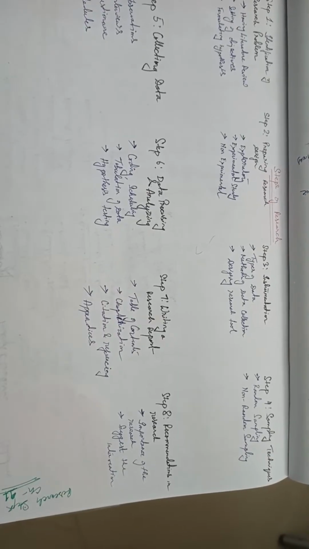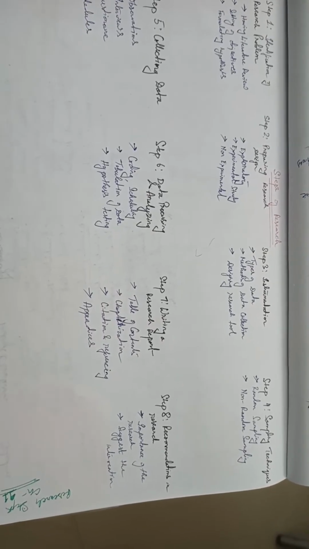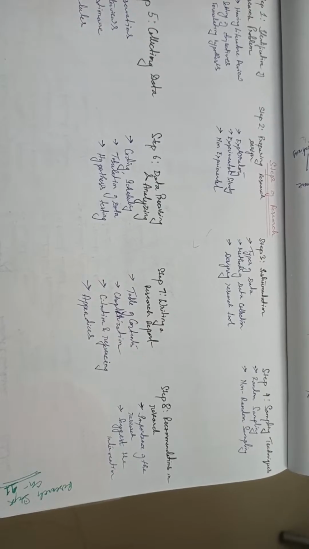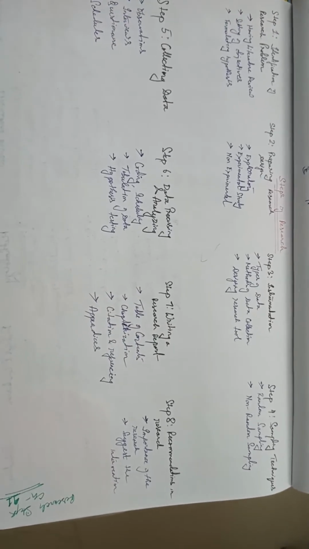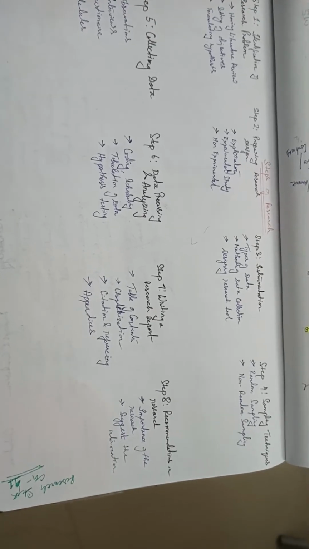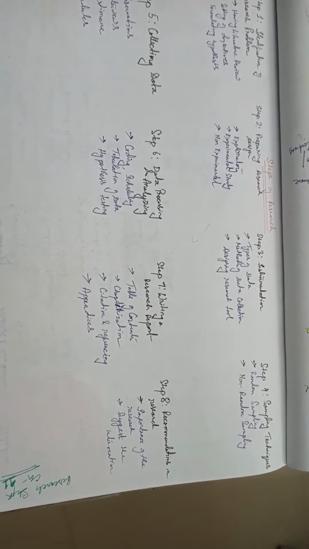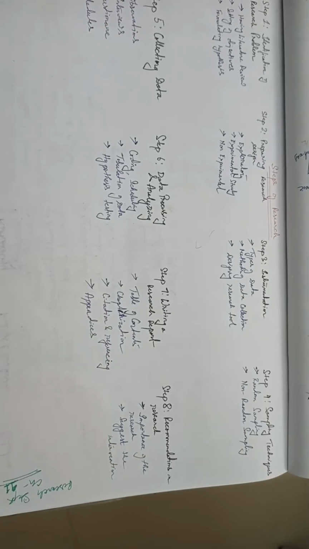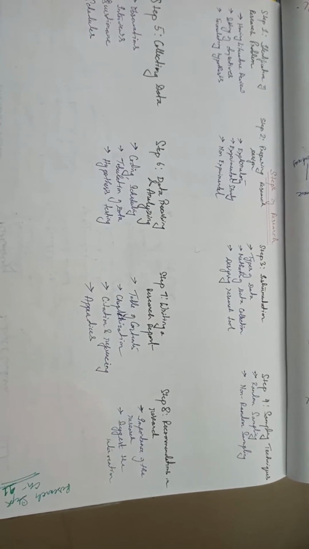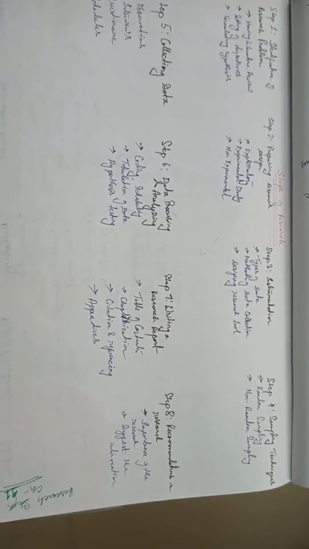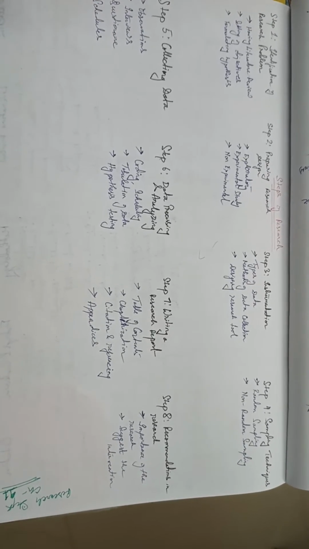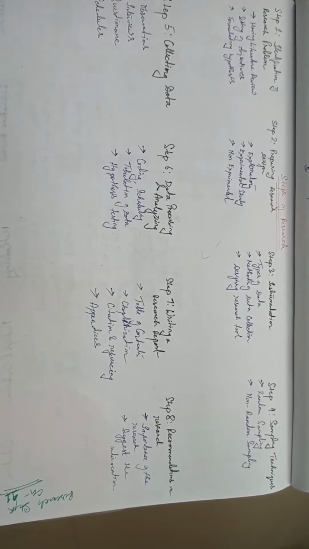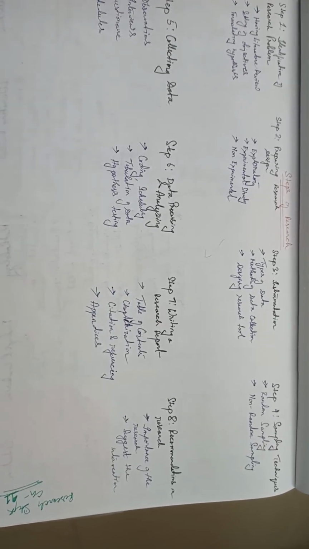Include your questionnaire in the last part, the appendices, where the consent form is very much needed. Otherwise, it won't be a valid research, right? Now step number 8 states recommendations in research. As a researcher, you must recommend. Lastly, based on your findings, highlight the importance of research and suggest practical interventions. What you have observed, that you must suggest, that's your research work, right?